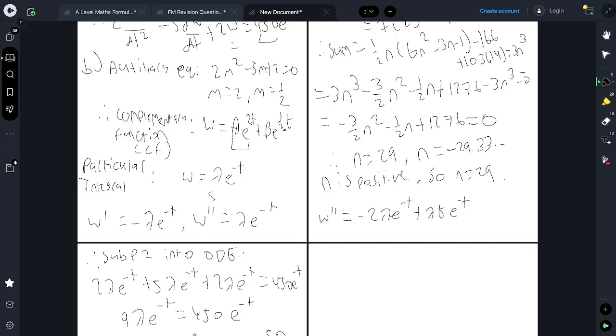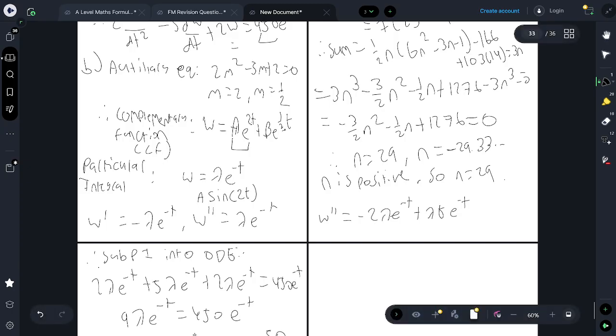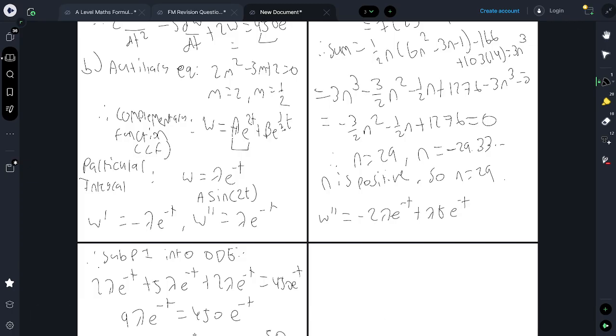Say like, again, one of the complementary functions could be in the form a sine 2t, and then you had a right hand side equal to another lot of sine 2t. Then again, you would need to change this particular integral to be a t sine or something. You know what I mean? I believe anyway. But yeah, because the exponents are not the same, then it's still different. Okay.